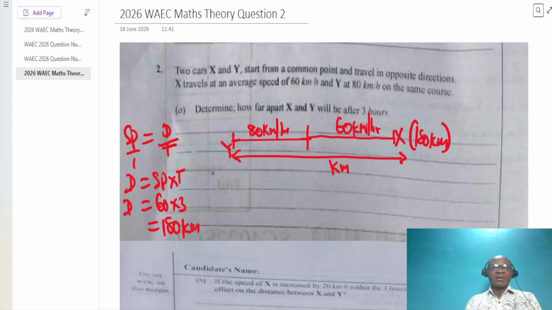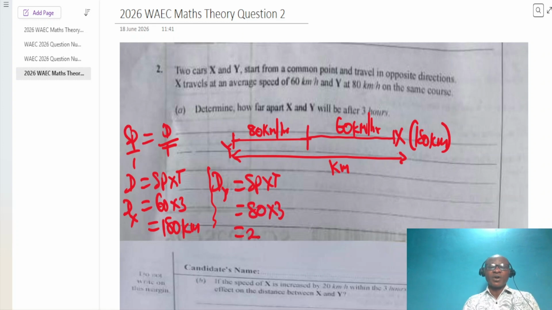Now, the distance for Y is also going to be the speed multiplied by time, and the speed of Y is 80 kilometers per hour, the same time 3 hours, which is now going to give us 240 kilometers. So the movement for Y is 240 kilometers.